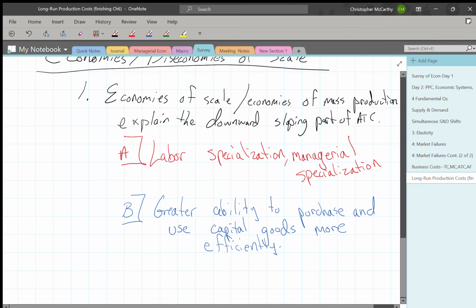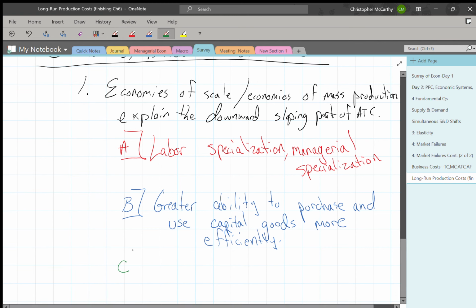The third one, other factors, right? So there might be extra costs that you no longer have, right? So there's startup costs.